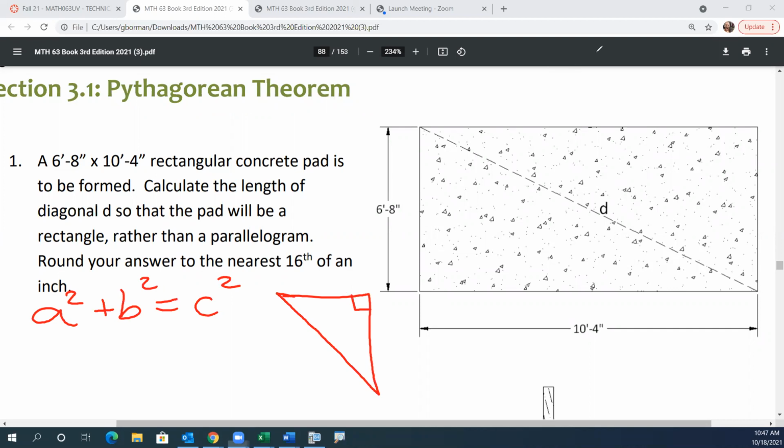The two sides that form the 90-degree angle are called the legs. And those are A and B, or B and A, doesn't matter which order. Now, the last one that does not help form the right angle, that is always the longest side. We call that C, otherwise known as the hypotenuse.